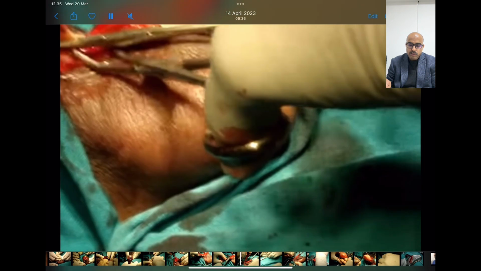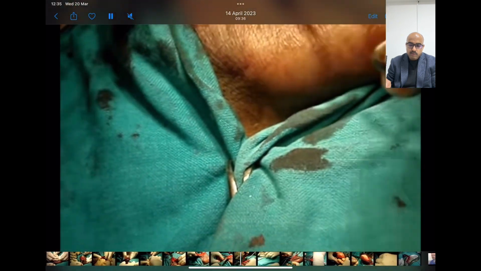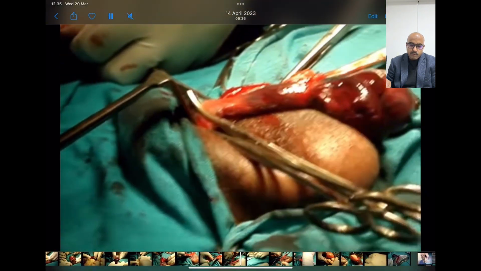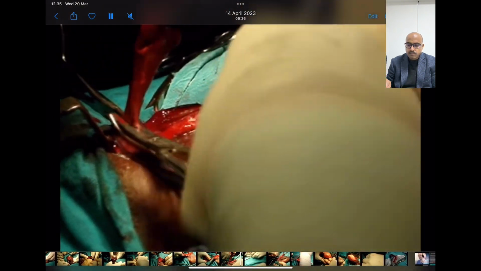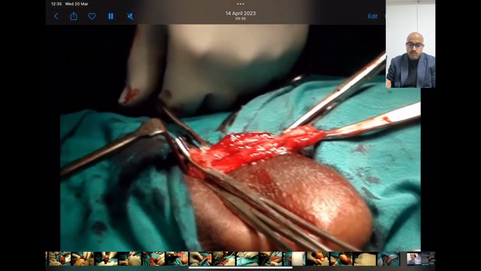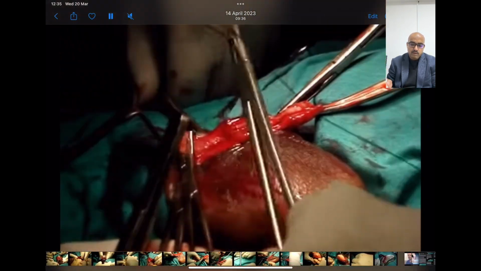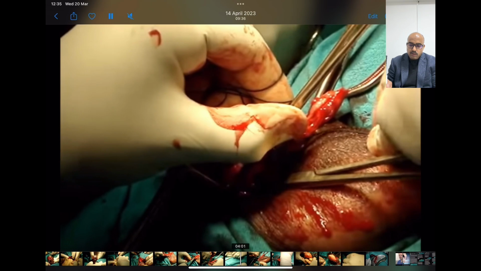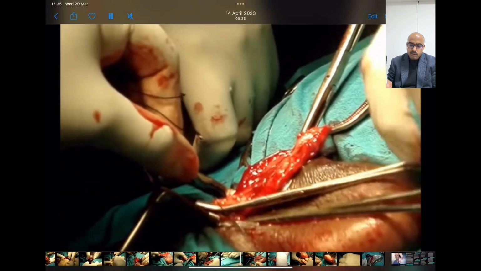One clamp, another clamp, and then cut. Okay, cut it. And now between the clamps you can tie the vessels. Transfixation. Then once it is done, you can free up the clamps.